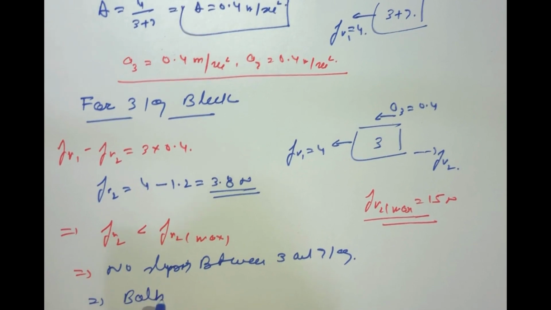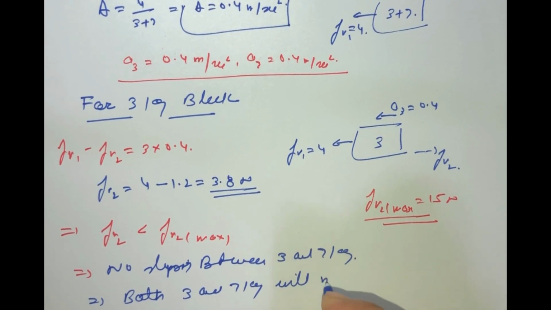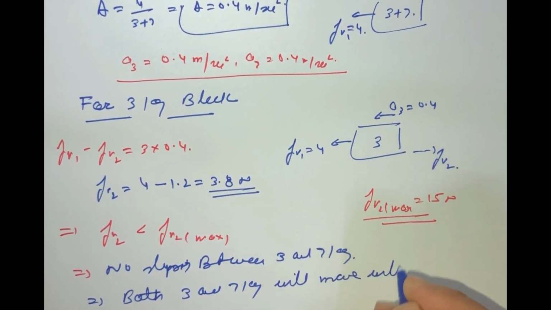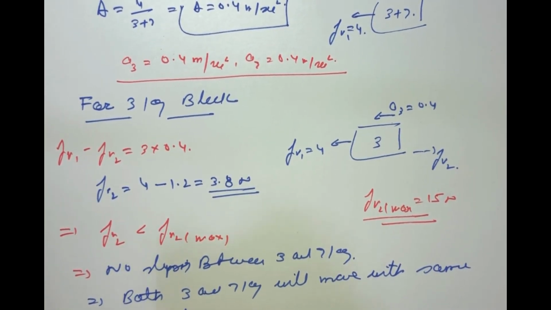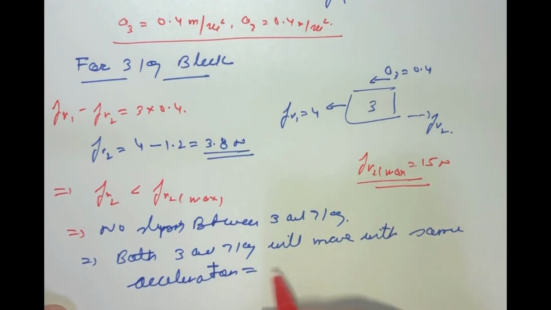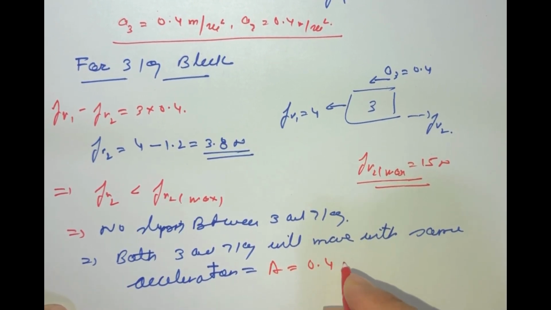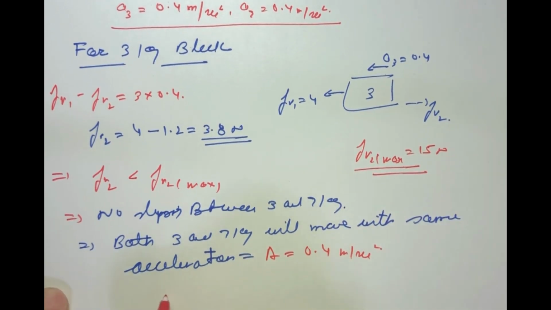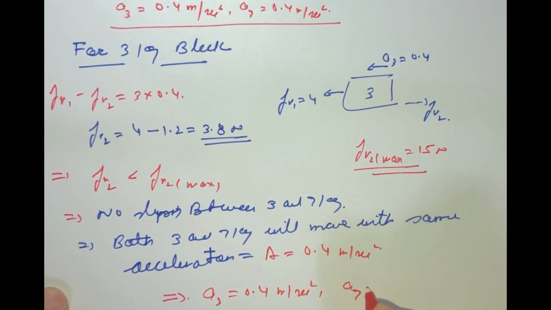Both 3 and 7 kg will move with the same acceleration, which in this case is capital A, and which was 0.4 meter per second square. So it means A3 will be equal to 0.4 meter per second square, and A7 will also be 0.4 meter per second square.